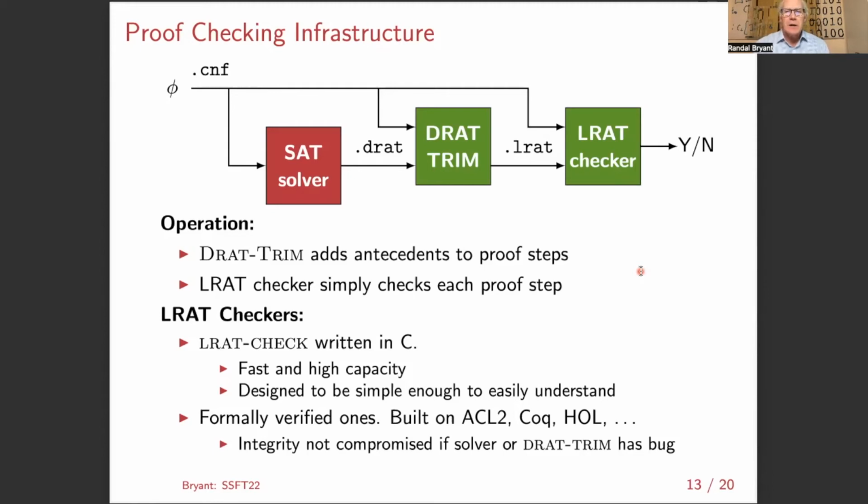There's one now coming out in various other formats. And so if you have a formally verified checker, then even if the preceding programs are buggy, you'll be able to reliably say that this formula is unsatisfiable if it passes the LRAT check.